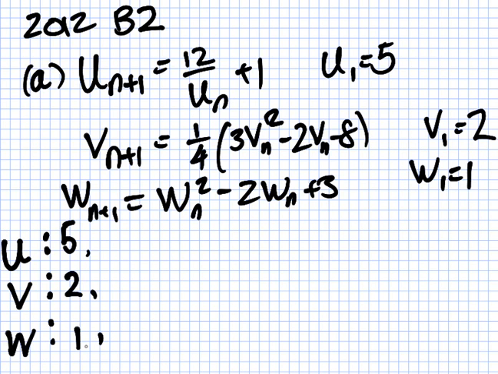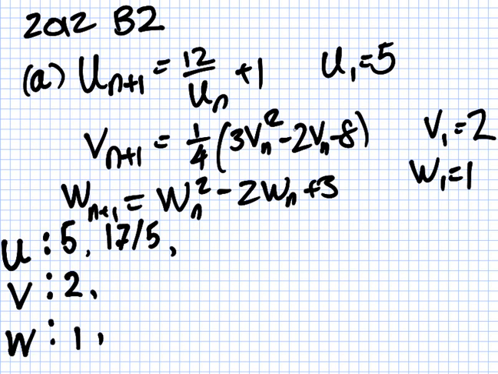Right, so firstly, we put 5 into the formula. 12 over 5 plus 1 gives us the next one. So I get here 17 over 5, and then I put 17 over 5 in, 12 over 17 over 5 plus 1.